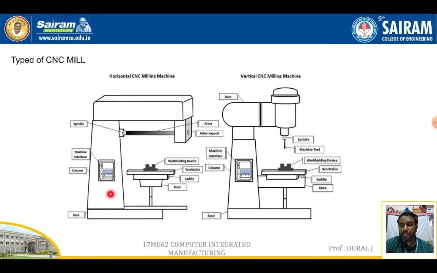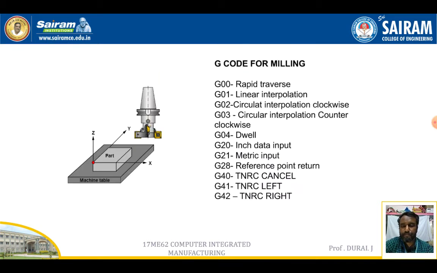There is also the vertical column, and inside the column the motor and gears are fixed, and the spindle is fixed with the column. The overarm head supports the other end of the arbor. In the arbor we fix the tool. The vertical milling machine is the same.